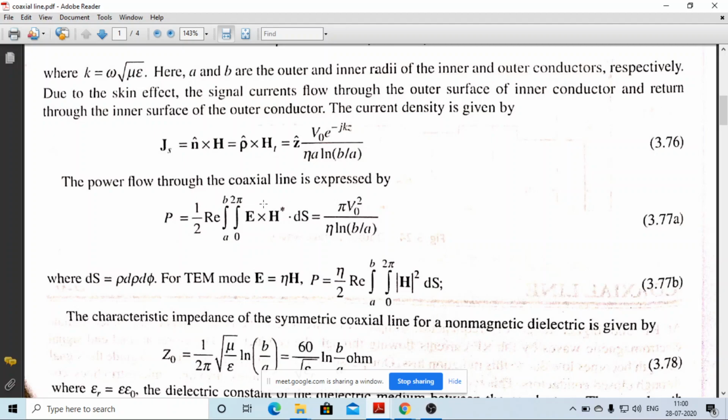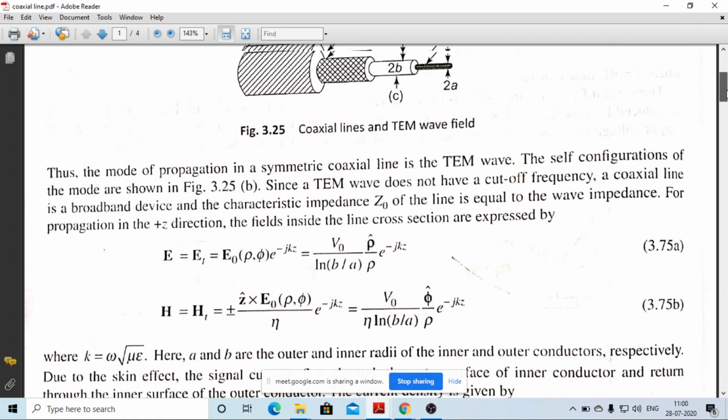For microwave, the first requirement is that you should remember the formula of power. Power flow through the coaxial line is pi V naught square eta ln B by A. B and A are the radii, where A is the radius of the core conductor, B is the radius of the dielectric material, and V naught is your excitation.